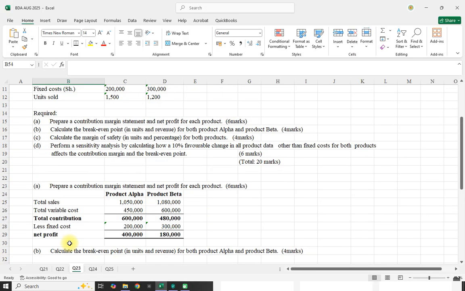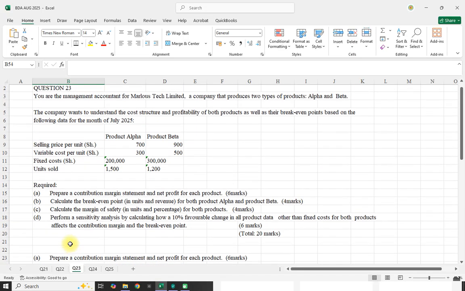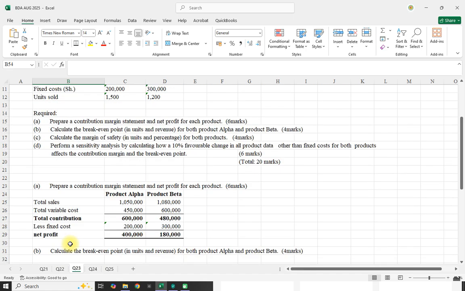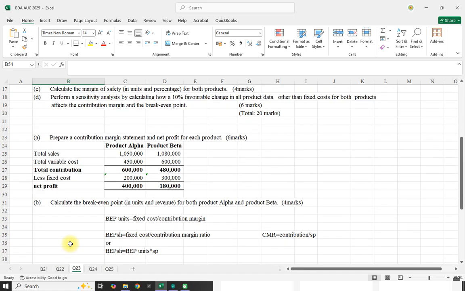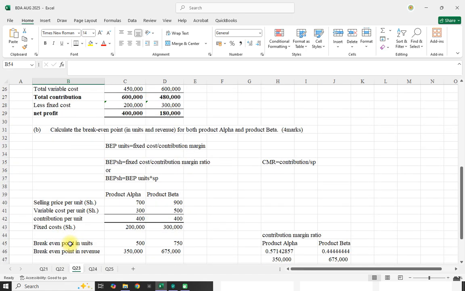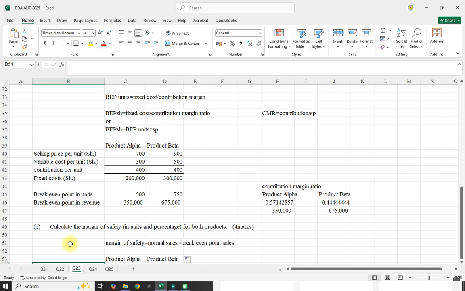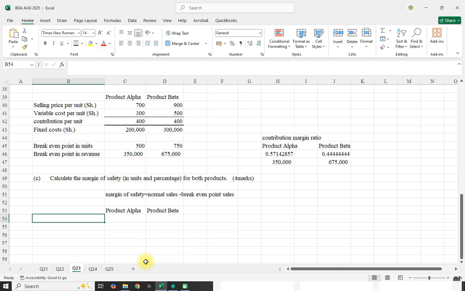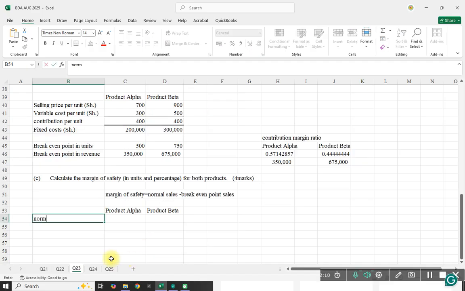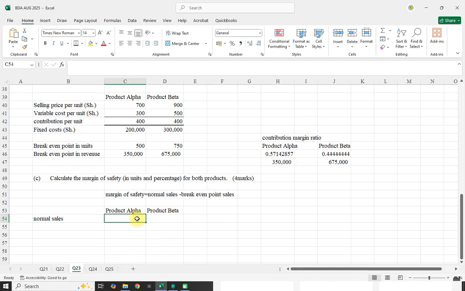Whatever we have been given as our normal sales. Calculate the margin of safety in units and percentage. They need it in units. So our normal sales are in units.